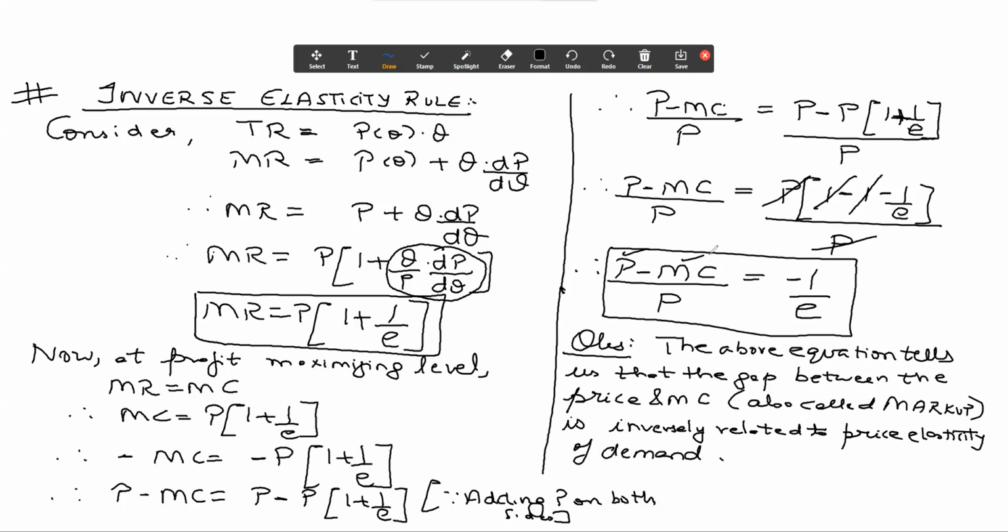P minus MC divided by P is called the relative markup. Markup means the price charged over and above the marginal cost. This is my absolute markup, and if I do P minus MC by P, this is my relative markup.